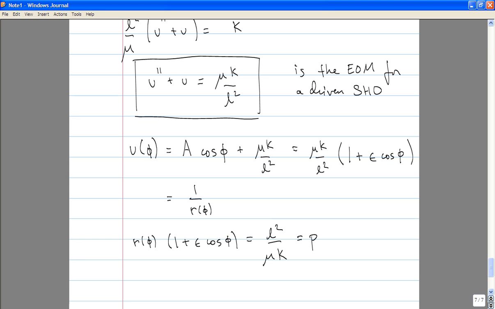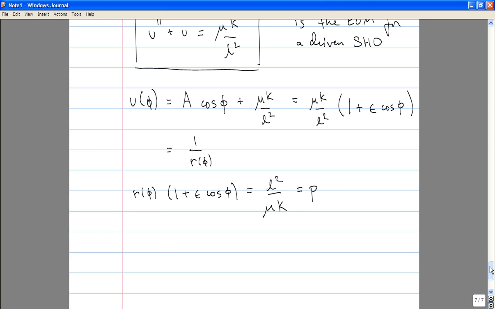Now, epsilon and p have names. Epsilon is called the eccentricity of the solution, and p, because it is the only dimensionful constant left in the game, is called the scale factor.